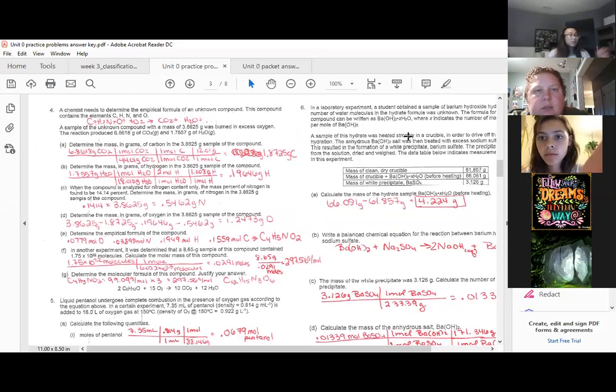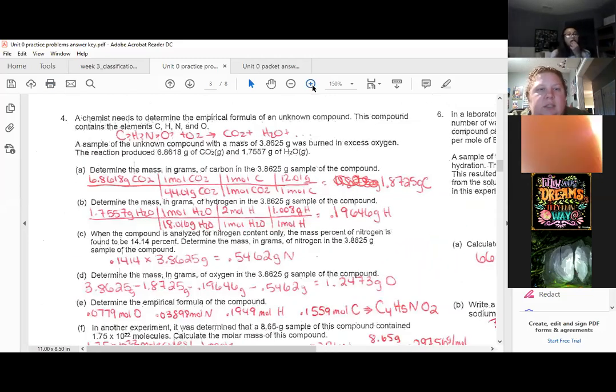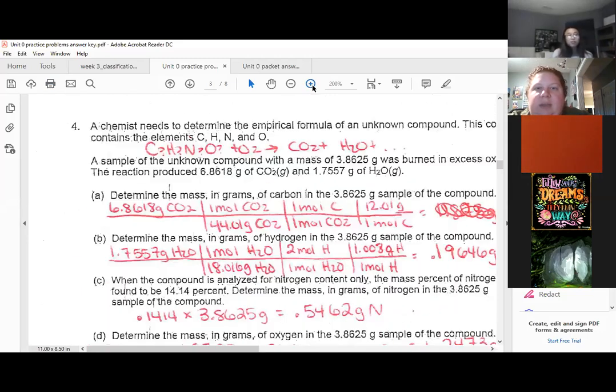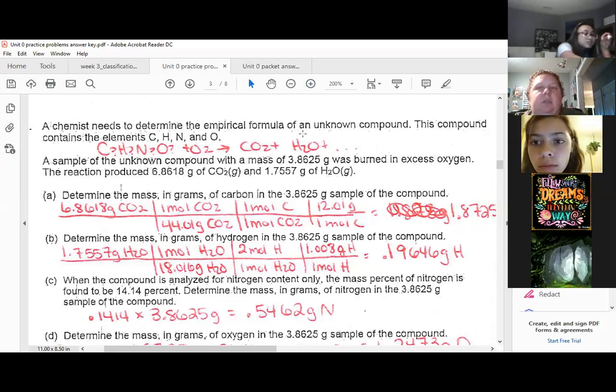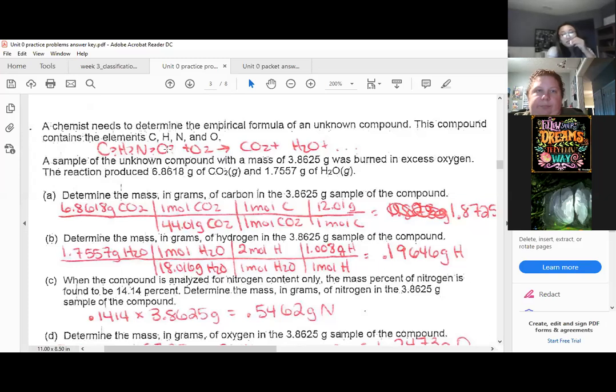So this is going to be really similar to the mastering chemistry question that we just went over. So it says we've got a compound that's got carbon, hydrogen, nitrogen, and oxygen.